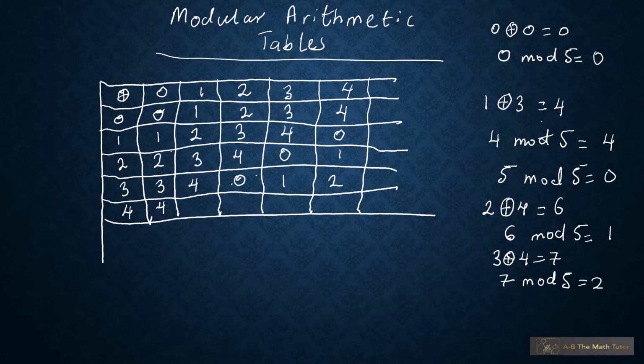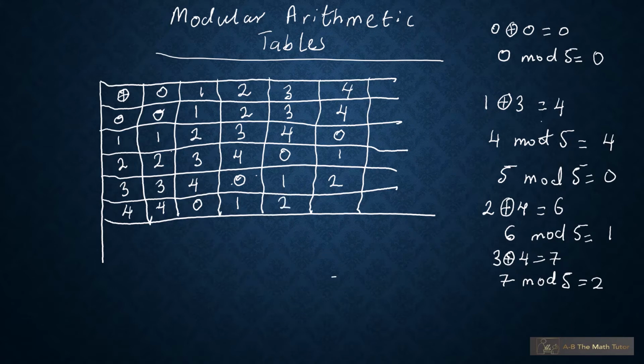Four plus 1 is 5. 5 mode 5 is 0. 4 plus 2 is 6. 6 mode 5 is 1. 4 plus 3, the same as 3 plus 4, which is 7. 7 mode 5 is 2.